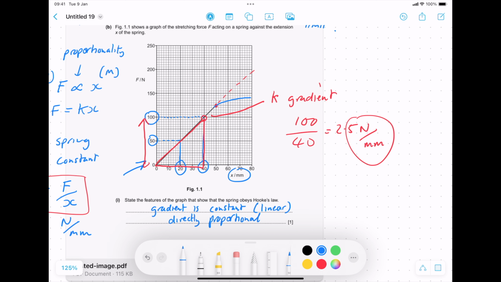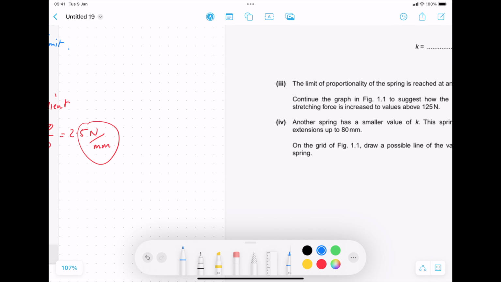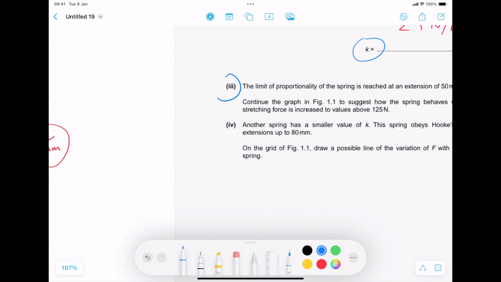And the reason why is because after this point, just a small amount of force causes quite a significant increase in the extension. Okay, so the blue line, that one there that I've just done, will be the answer to this one.